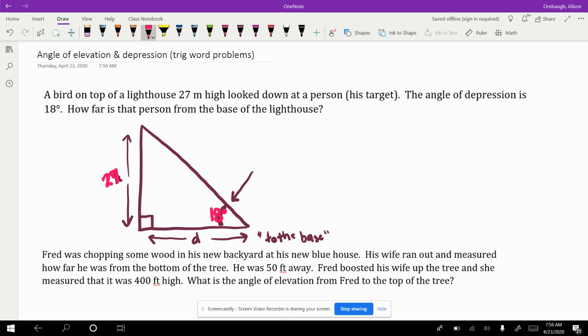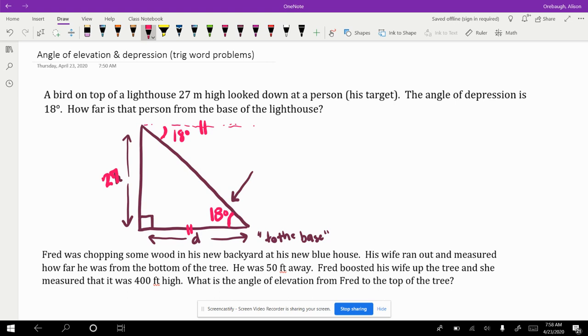Technically, the angle of depression is really saying that this is 18 degrees. But because of these parallel lines, this is also 18 degrees, and this just works better for our picture. So I'm always going to use this angle right here, regardless of if it says elevation or depression.